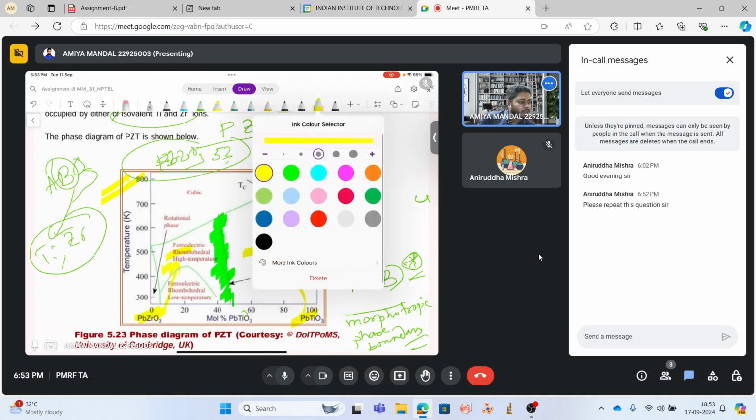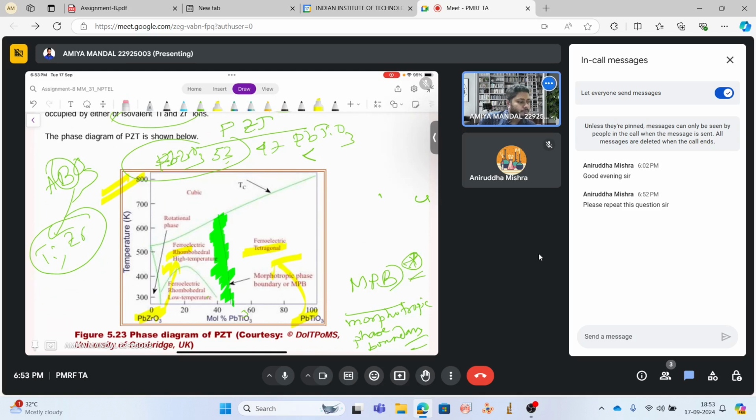It tells about the morphotropic phase boundary, that is MPB. Two phases coexist in this region at a temperature between 300 to 500 degrees centigrade. And above this, it goes to the cubic structure.